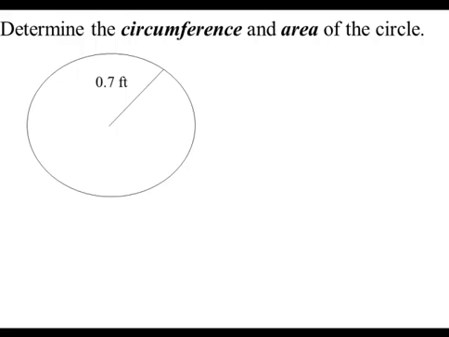Determine the circumference and area of this circle. The question has 2 parts, circumference and area. We'll start by focusing our attention on finding the circumference. Circumference is equal to 2 pi r. In our fractions chapter, we used the fraction approximation of pi, which is 22/7.